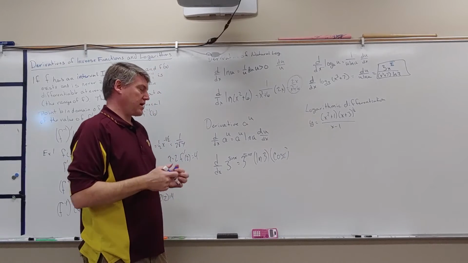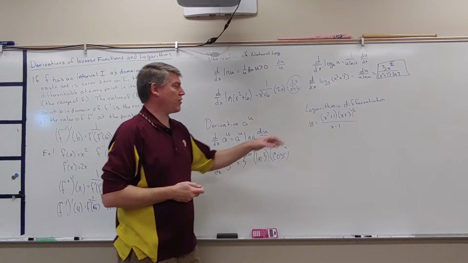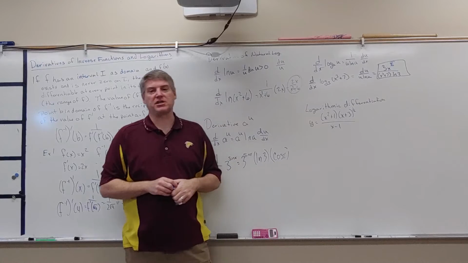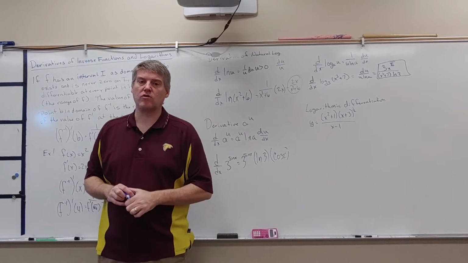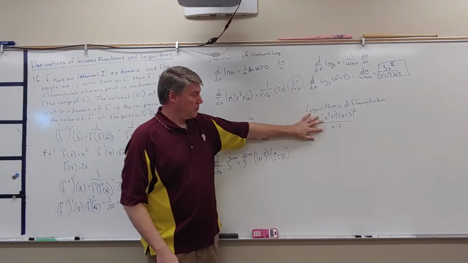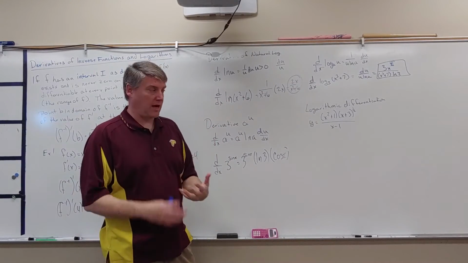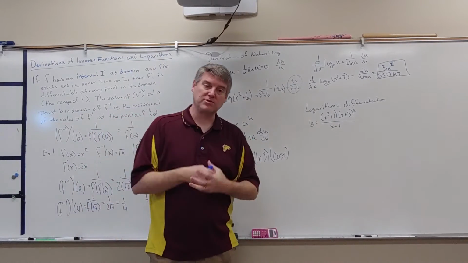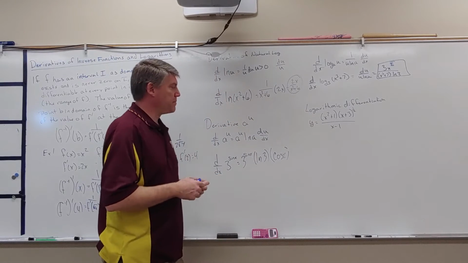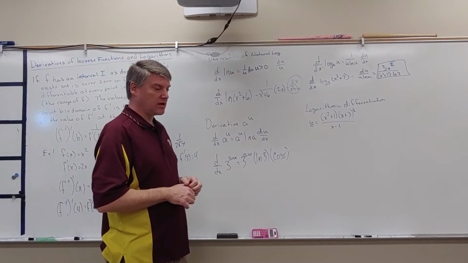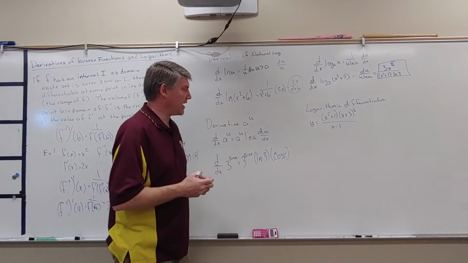Now, I'm going to use an approach of logarithmic differentiation here just to show it to you. Most of you would probably look at that and go, oh, I could just use the quotient rule mixed with the product rule, and absolutely you could, okay? But we're going to look at using natural logs.